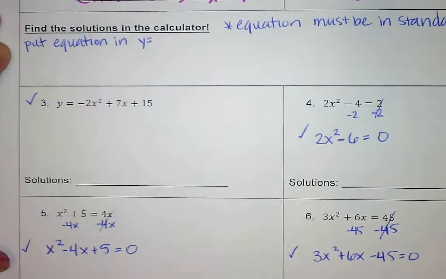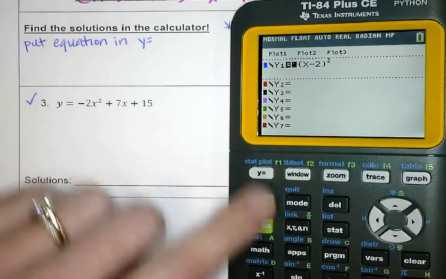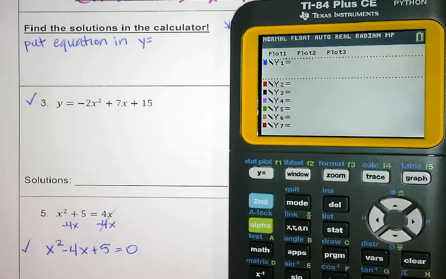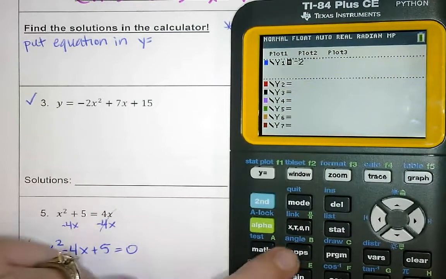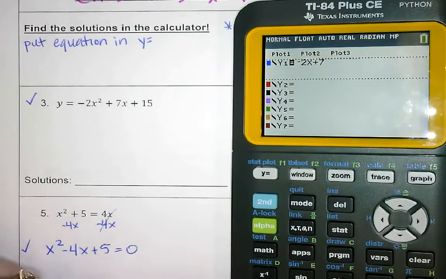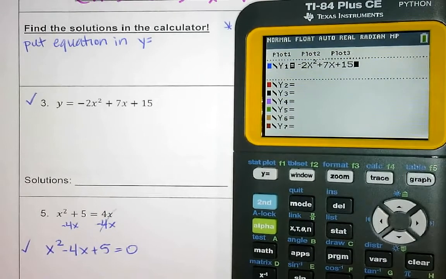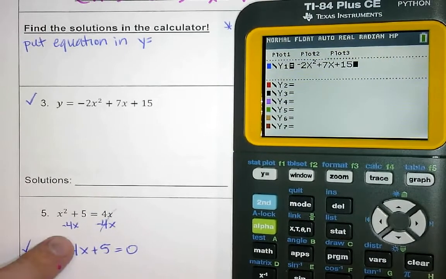I'm going to do number 3 with you guys: y equals negative 2x squared. Whoops, forgot that. That's going to change your answer. If you do not type it in correctly, you will not get the right answer. So negative 2x squared plus 7x plus 15. I'm going to hit graph, and I want to see what this looks like.